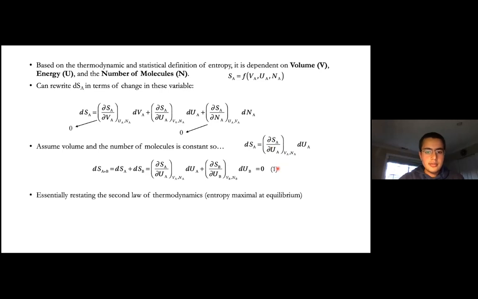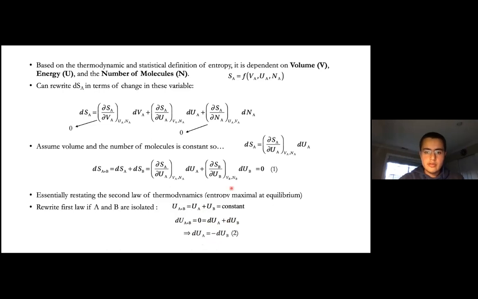At the same time, we know that at equilibrium, the total change in energy is also constant. So if you rewrite dU of A plus B equals 0 as dU of A plus dU of B, we can say that the change of energy of system A is equal to the negative change of system B.